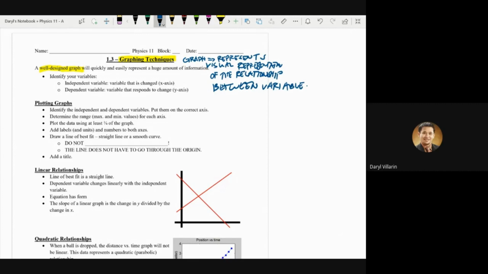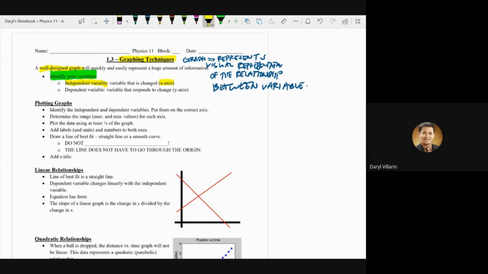There are certain things that you need to remember when you graph your data. First things first, you need to identify your variables. It is a general rule that the independent variable is plotted along the x-axis.